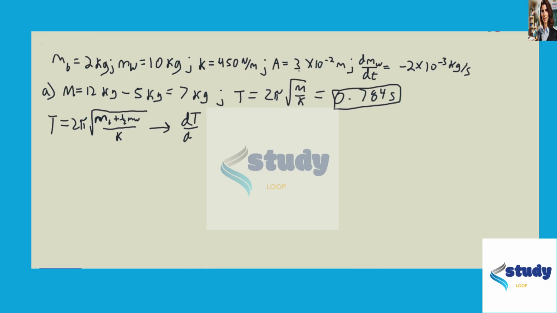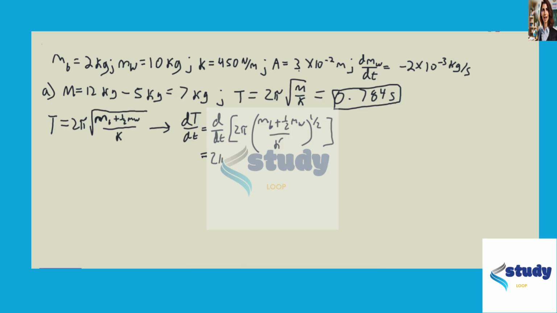dT/dt equals d/dt of, I'm just going to rewrite this into a form that's easier to differentiate, 2 pi times (mb plus 1/2 mw over k) to the 1/2. All right, let's start.